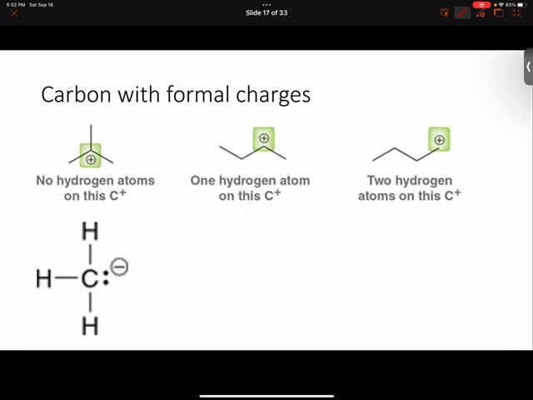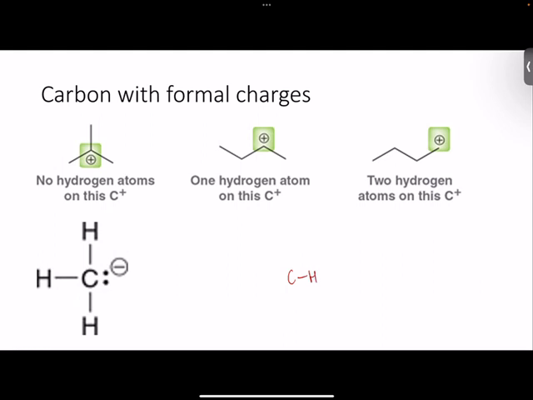And then carbon with formal charges. Carbon, when it's in its regular state, is just gonna be able to do 4 bonds. Carbon with a positive charge only does 3 bonds, so just 3 bonds and no lone pairs. So when it's positive, no lone pairs for carbon.